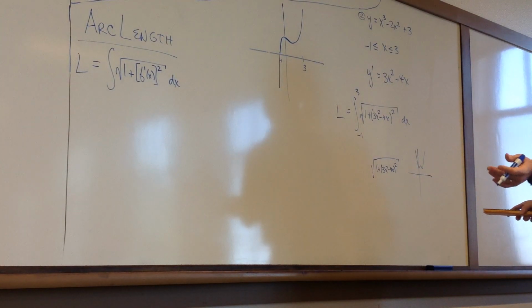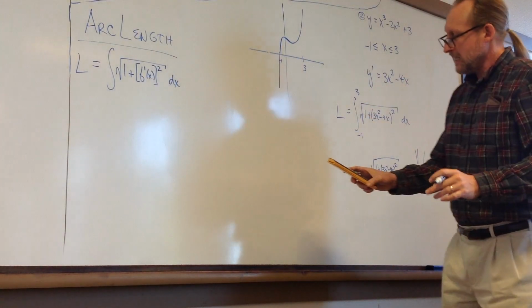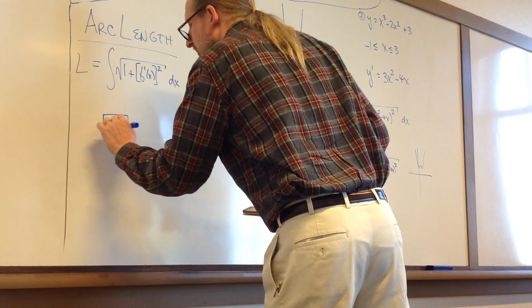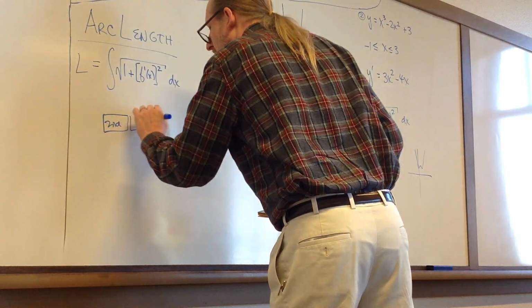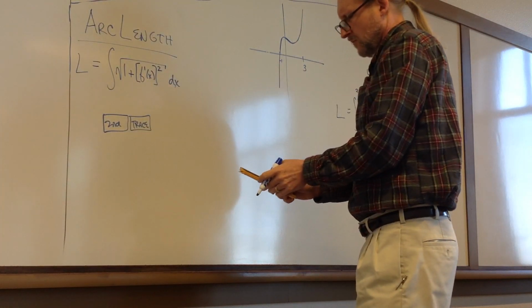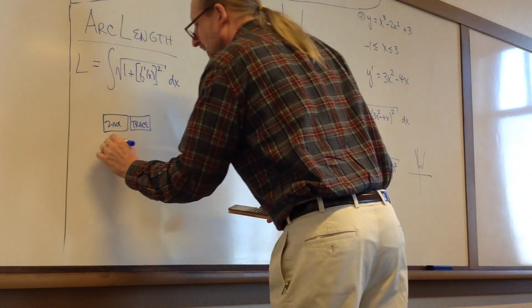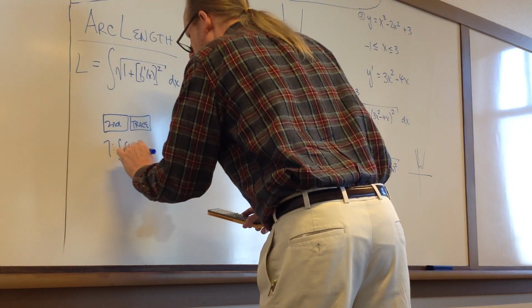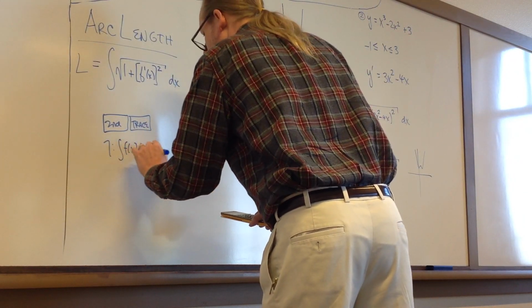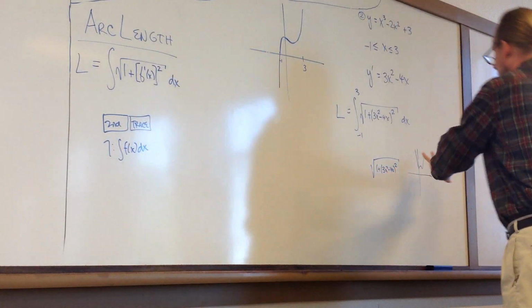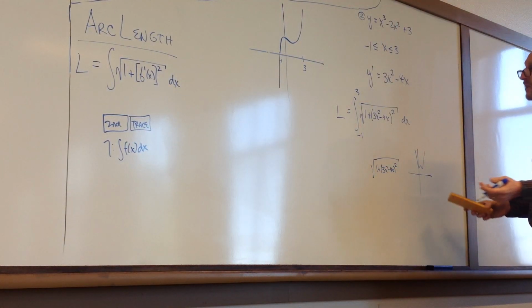And so what we want to do to find this integral is to go into the calculate menu. So if you do second trace, choice number 7 has this little integral sign, integral f of x dx. So choose number 7, and then it'll bring you back to this screen, and it'll say lower limit.